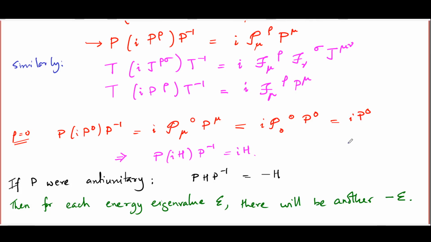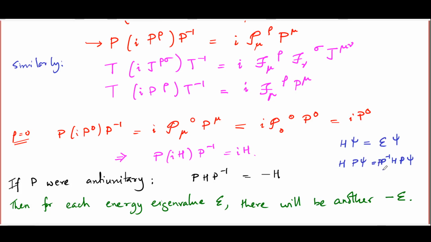To see that, all you have to do is look at the following. If psi is an energy eigenstate with energy E, then P psi, well, P psi is a state on which H acts to give you the following. It gives you P inverse HP psi times P on the left.